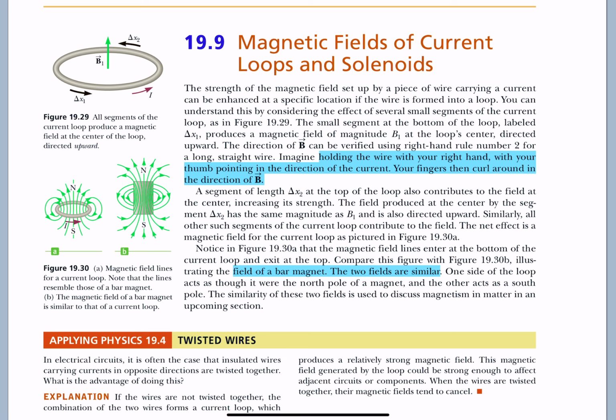If you look at the green lines representing this magnetic field in the second picture, figure 19.30, you can see that your magnetic field lines about a solenoid, picture A, mimic or mirror or look very similar to the magnetic field lines about a permanent magnet.